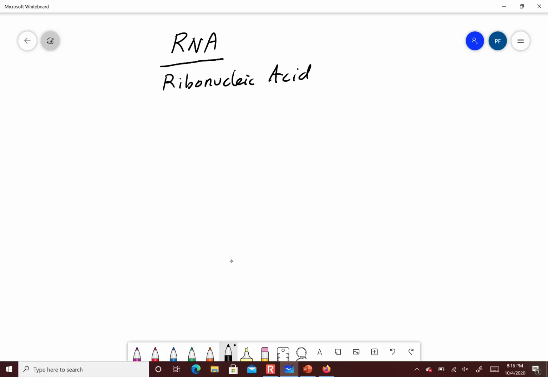So the differences here, DNA versus RNA. I'm not going to do the complex structural part with RNA, but the differences are the sugar here is ribose instead of deoxyribose, and then the bases are going to be G, C, A, and U. So this has uracil.